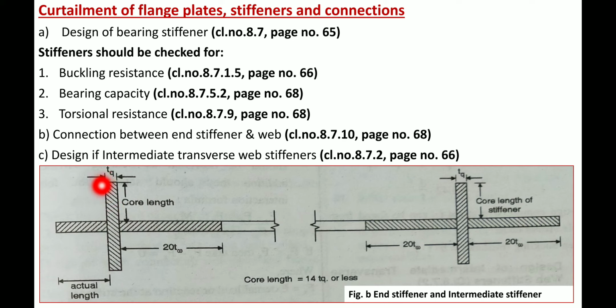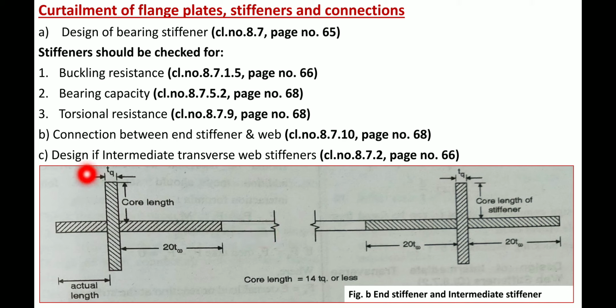where this distance is denoted by tq, and is known as the core length. From the outer face of this end bearing stiffener, the section we are going to provide is 20 times the thickness of web, where the thickness of web is multiplied by 20. So the core length is equal to 14 times tq or less.